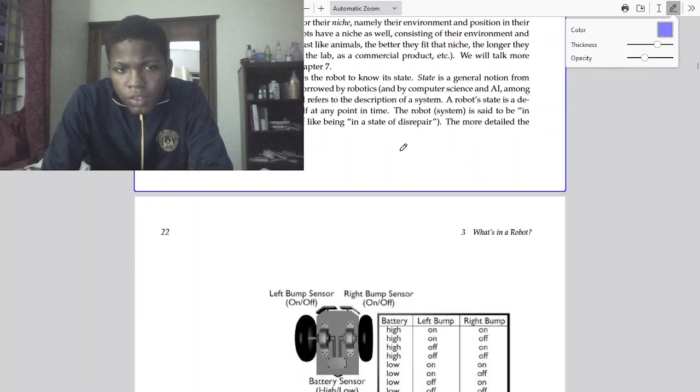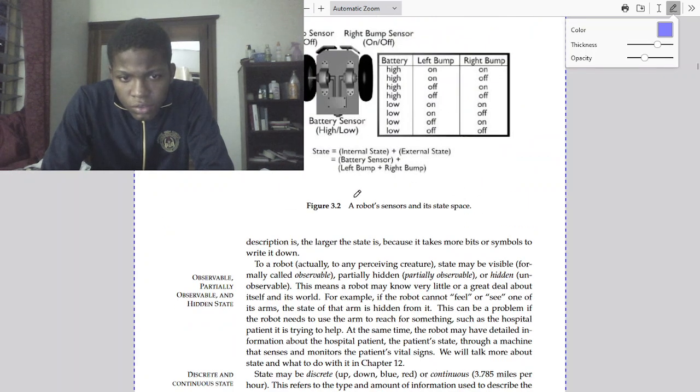Alright, so a robot saves the description of itself at any point in time, so it is to be in a state. The more detail in the description, the larger the state is, because it takes more. What? The larger the state is?